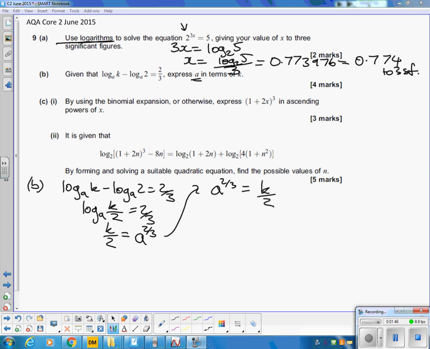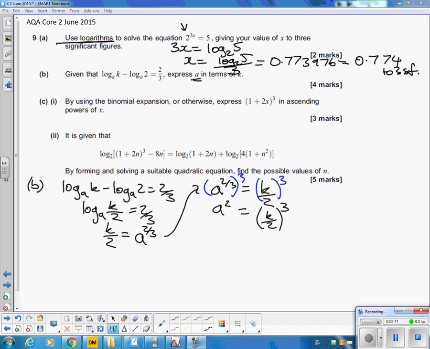So the first thing is we've got 2/3, so if we did cubed to both sides, that would get rid of that divide by 3, and we'd end up with a squared equals k over 2 cubed. Now then we've got a couple of choices.